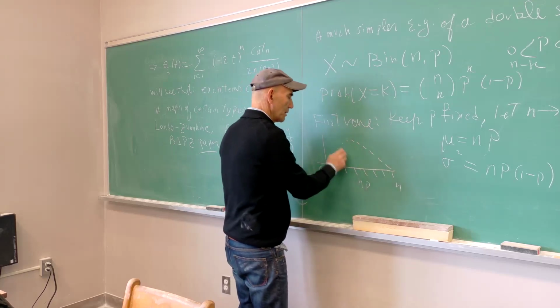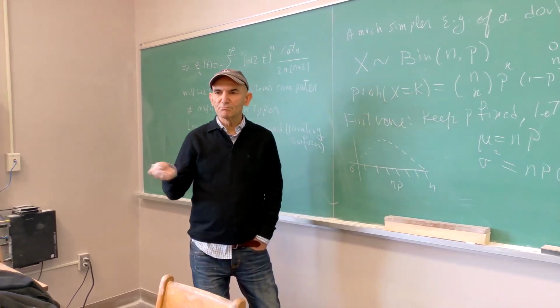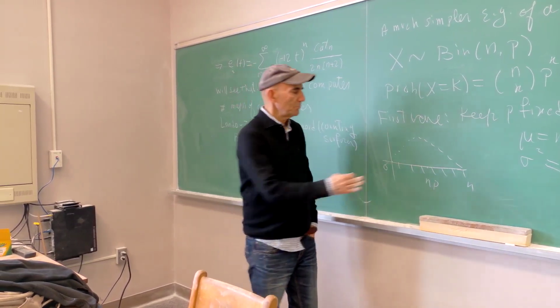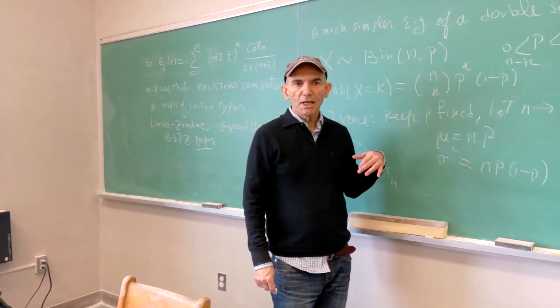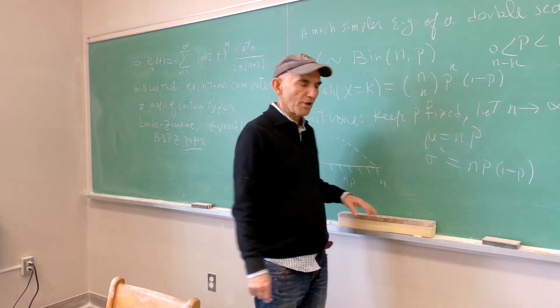It peaks here and then goes down. So it's almost like a normal distribution, but the mean is moving and this thing is also moving. But you can take care of that by centralizing it.